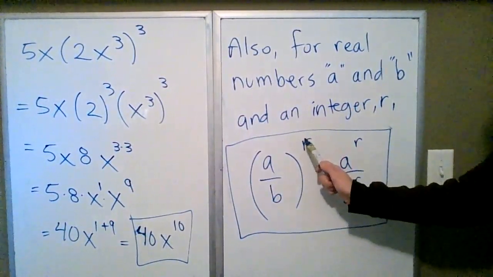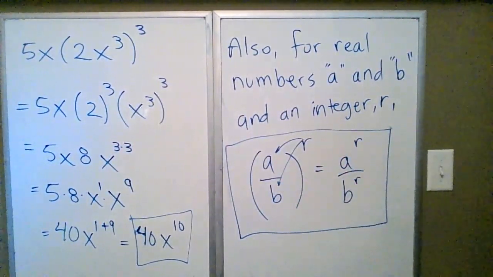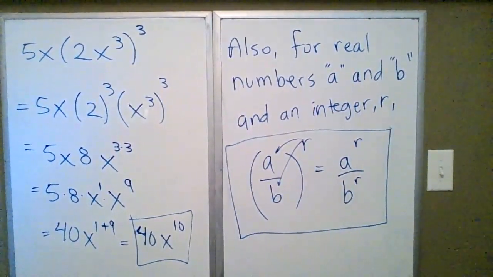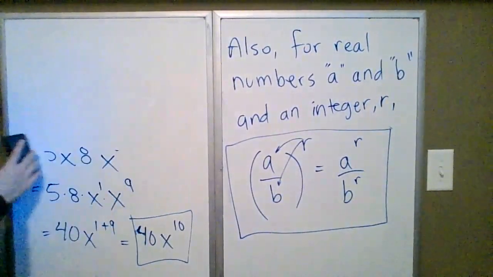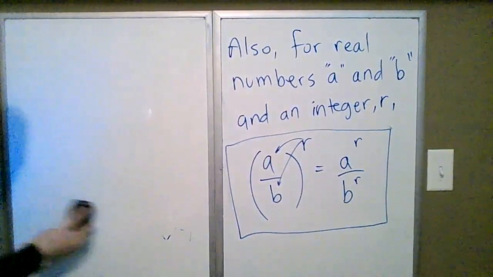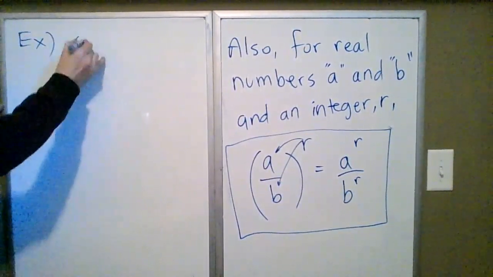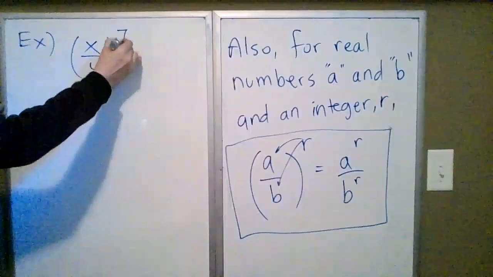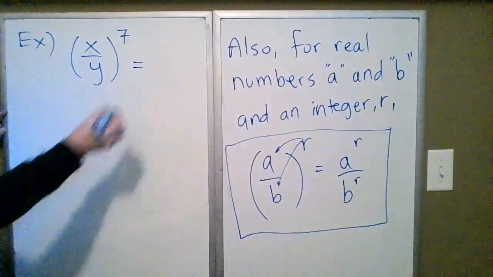So you're going to apply the power to the numerator, and also this r is a power on the value in the denominator. First one is x over y with power 7. So x has power 7 and y has a power of 7.